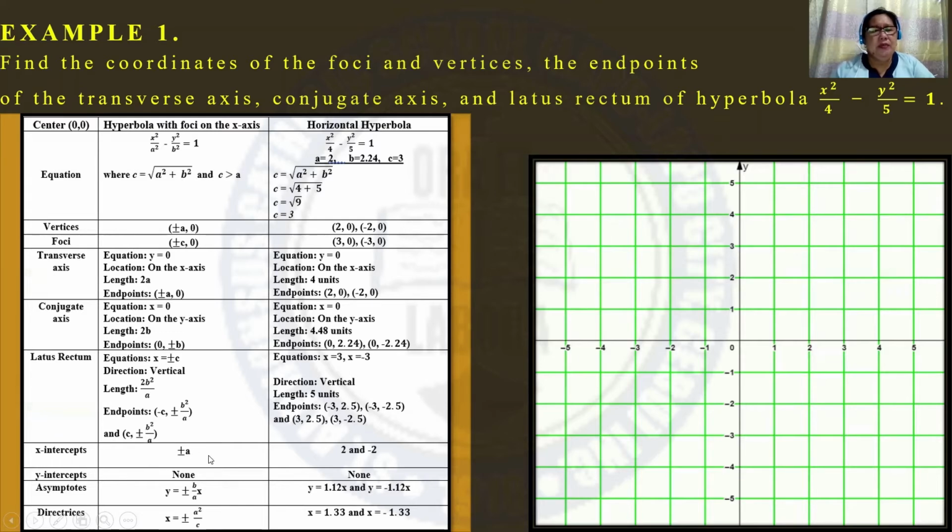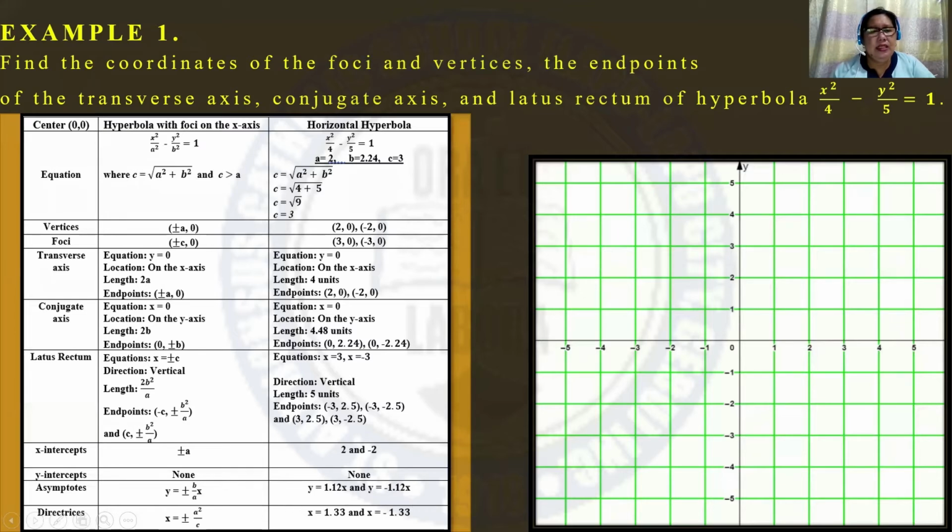For the intercepts, it's positive, negative a, so we have 2 and negative 2. And for the y-intercept, none, because it will not cross the y-axis. For the asymptotes, just substitute the value of b and the value of a. So what we have is y is equal to 1.12x and y is equal to negative 1.12x.